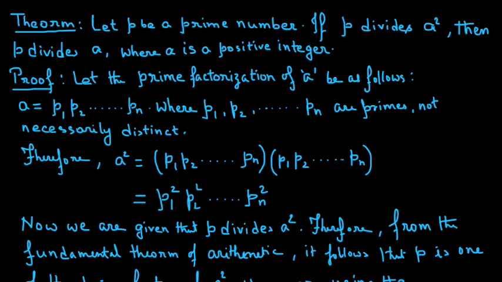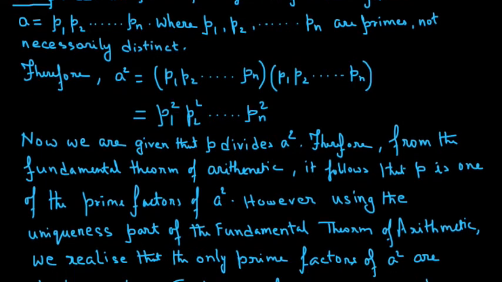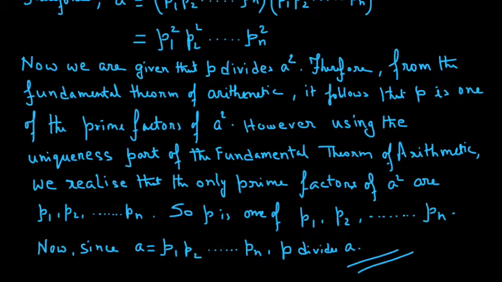Now we are given that P divides A square. Therefore, from the fundamental theorem of arithmetic, it follows that P is one of the prime factors of A square. However, using the uniqueness part of the fundamental theorem of arithmetic, we realize that the only prime factors of A square are P1, P2, ..., Pn.